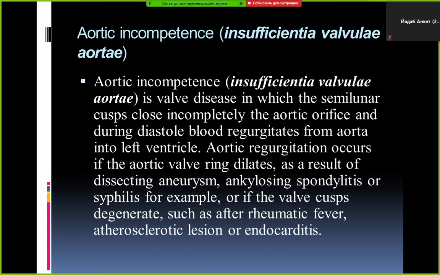Aortic regurgitation occurs if the aortic valve ring dilates as a result of dissecting aneurysm, ankylosing spondylitis or syphilis, for example, or if the valve cusps degenerate, such as after rheumatic fever, atherosclerotic lesion, or bacterial endocarditis.